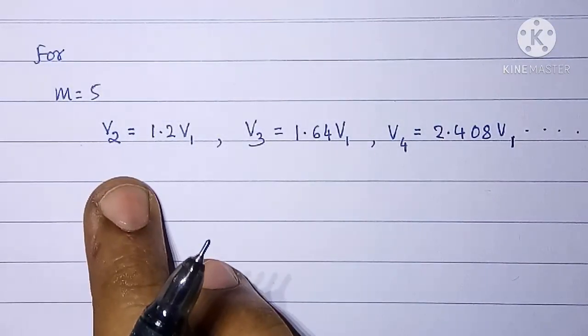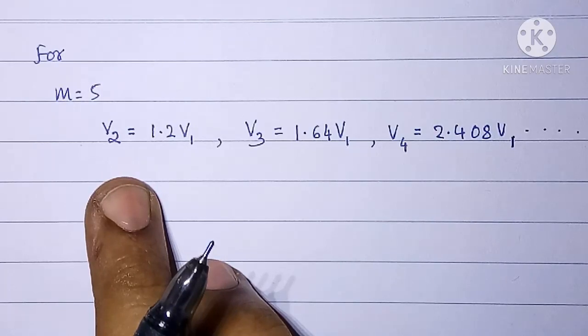It means that the voltage across all the units in a string insulator is not the same.